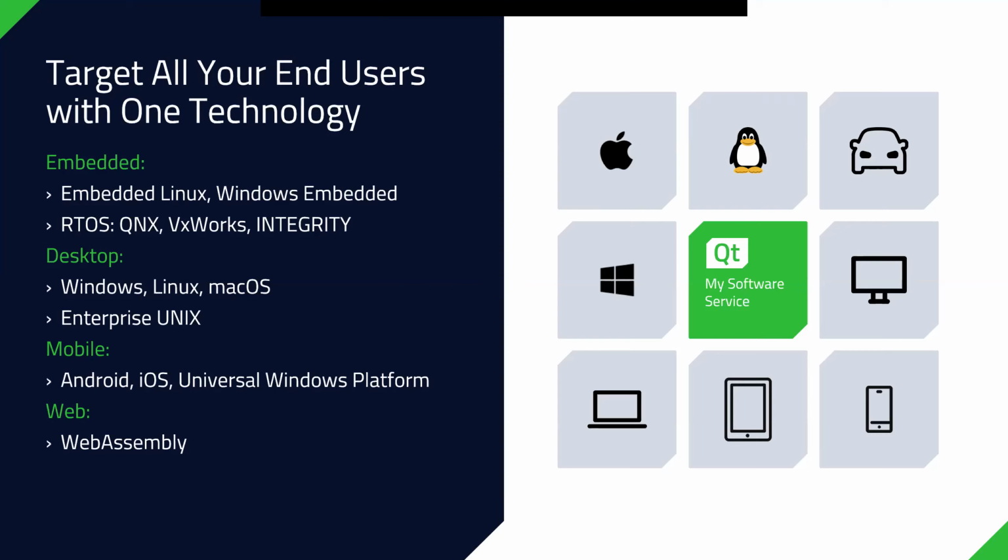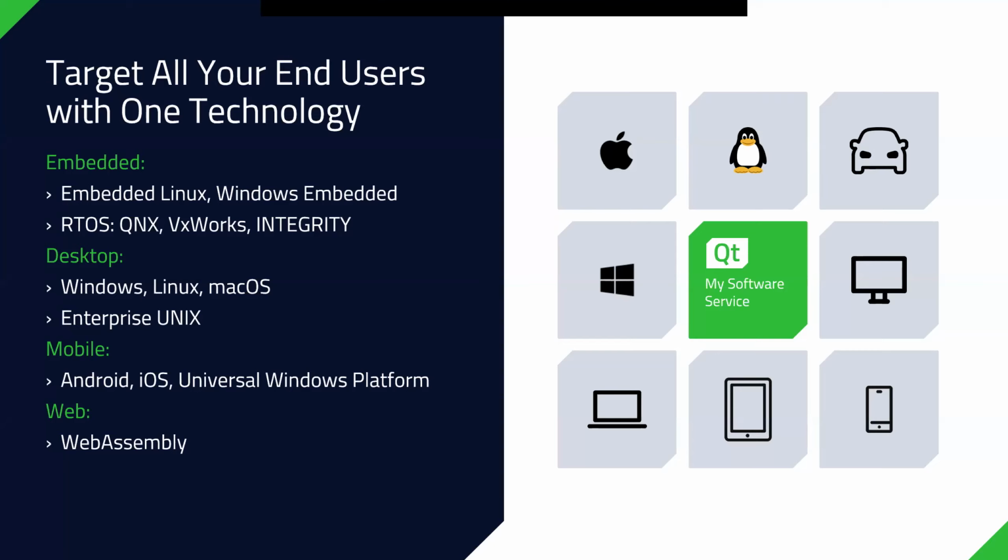You can also target desktop with the same code, so Windows, Linux, or Mac, and also the main mobile platforms like Android or iOS. And since recently, we also released a whole new feature in Qt to target the web with what we call Qt for WebAssembly, where you can simply recompile the same app as you would for another platform, and then it can be run inside a modern web browser.